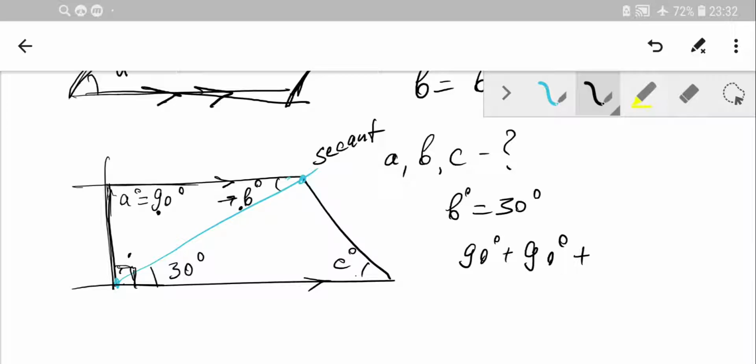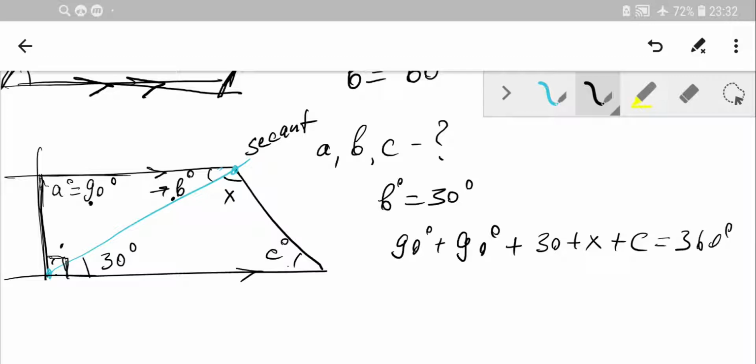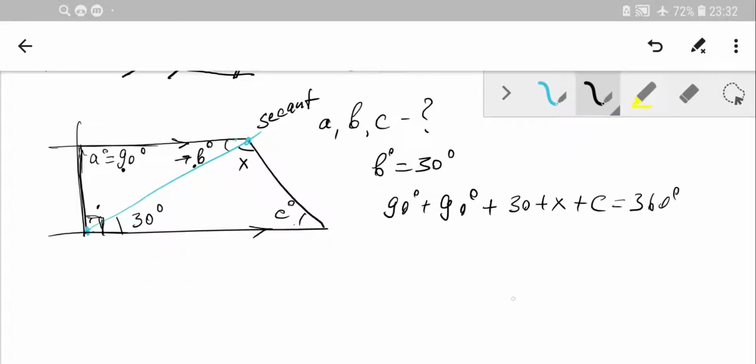That's the problem. Let's mark it as a new angle, say X. So plus 30 plus X and plus C should be equal to 360.